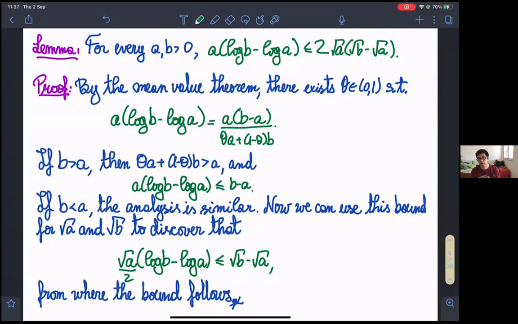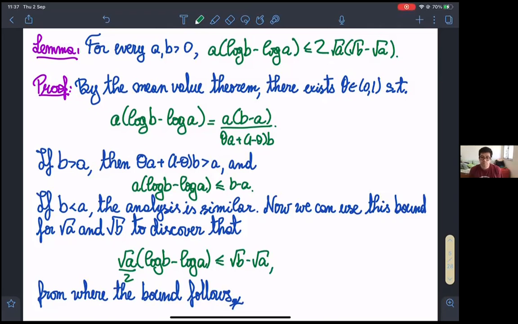Okay, so this little bound here is just the mean value theorem for the logarithm. If b is smaller than a, you perform a similar analysis. There are some negative terms that you have to be careful about, but you still get the right answer.